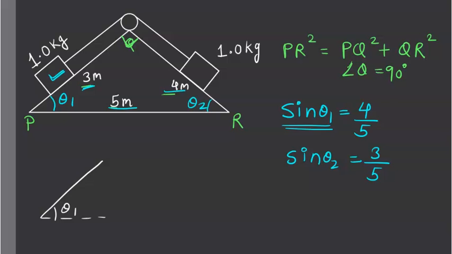If I replace this 1 kg mass by a point mass, it will look something like this. So let's indicate all the forces acting on it. This will be the normal force on the mass, let's say N1. Downward force is mg.